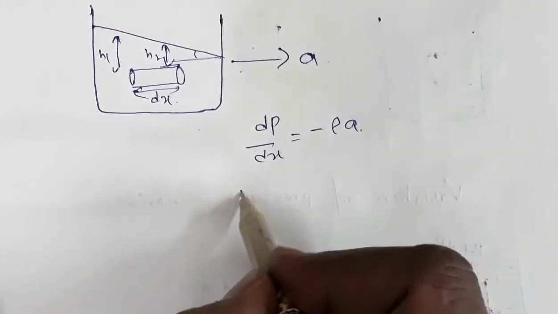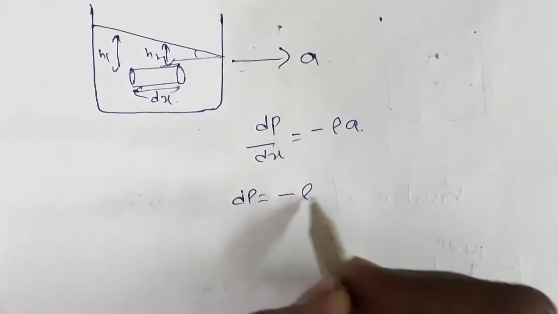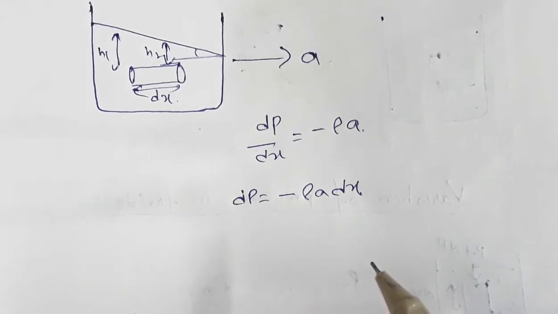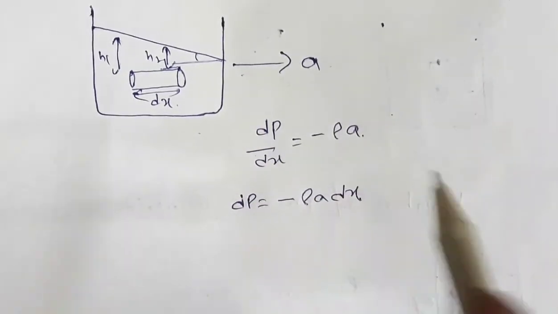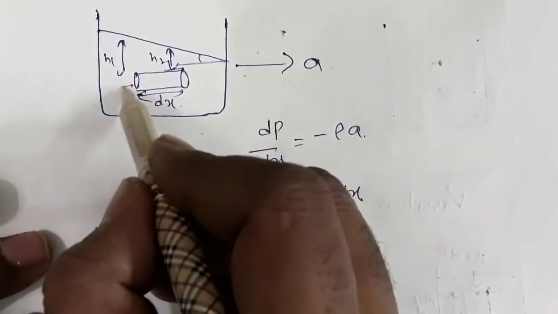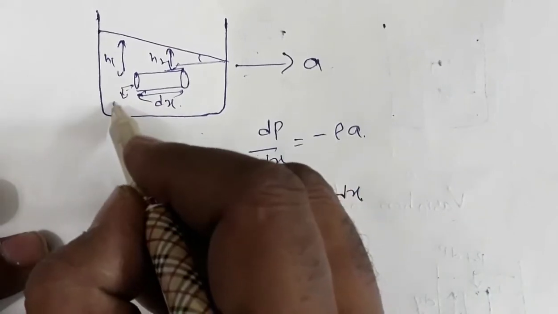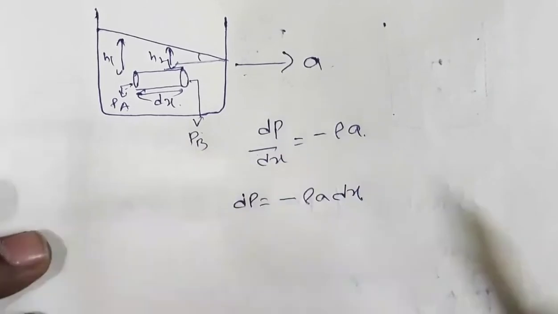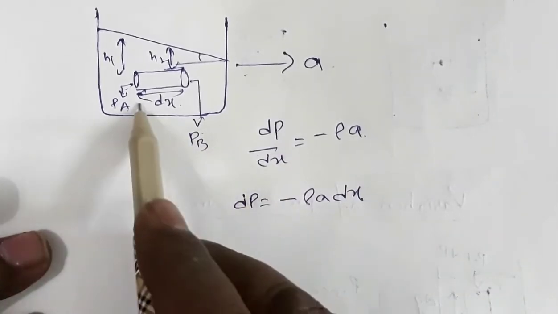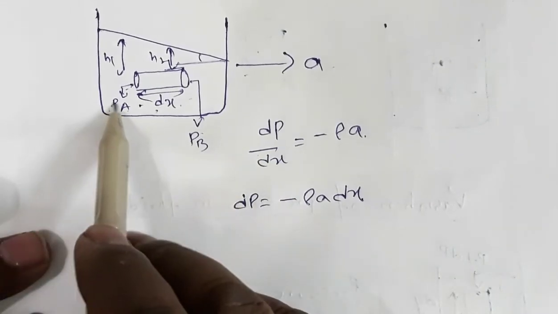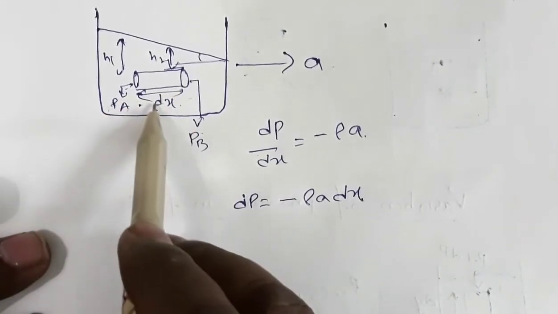So that gives dP is equal to minus rho a dx. Now say this part pressure is PA, and this part pressure is PB, and the total separation between this surface and this surface is x. The separation dx is replaced by x.